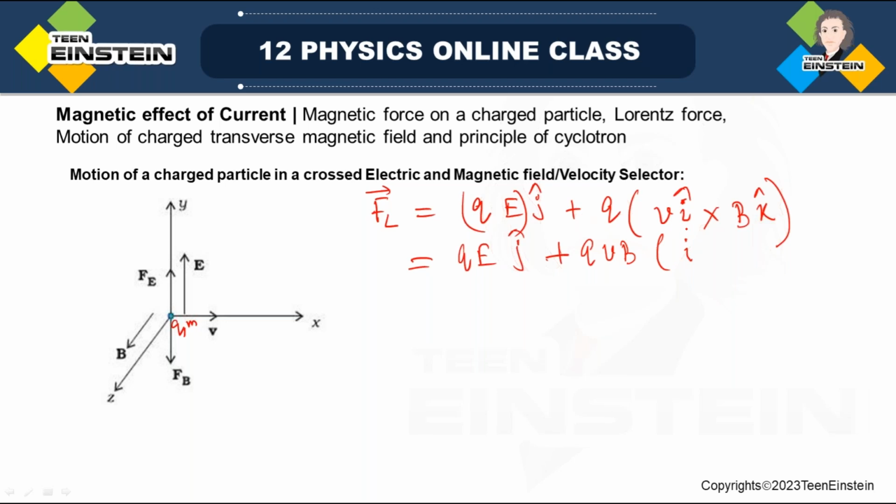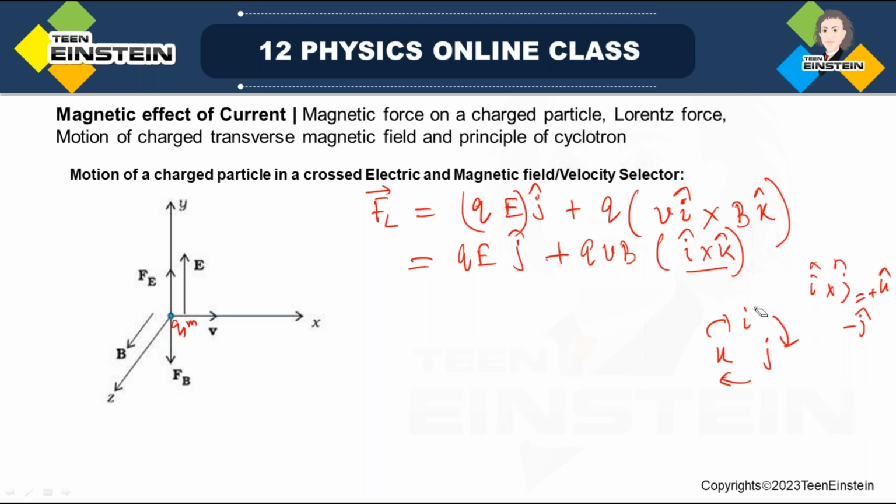Only thing is this i cross k. Cross product of this will give you the direction. See, i, j, k, cyclic rule we will go for. If I write i cross j, then you will get positive k. If the other way, that will give you negative. So in this case, i cross k will give you minus j cap.